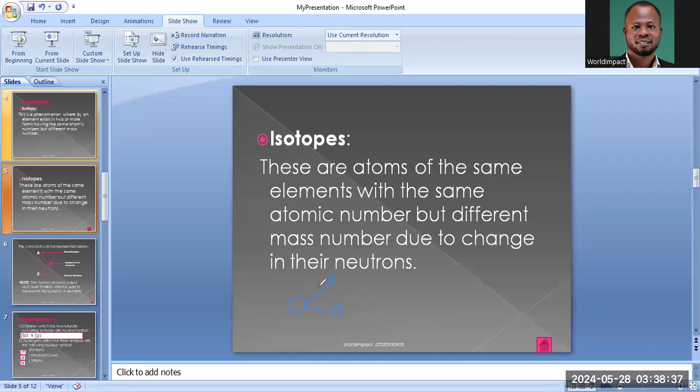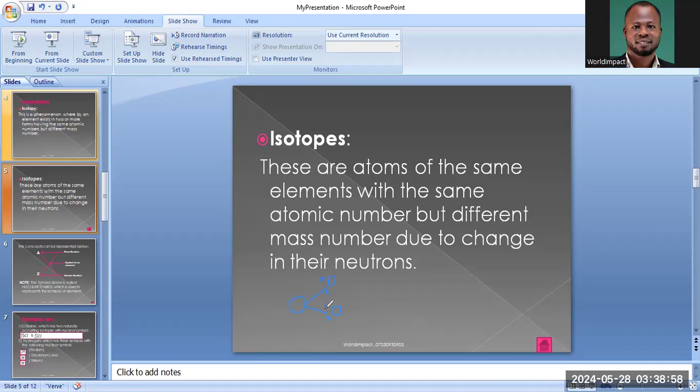But one thing that will unite the fragments in which it is existing is that they are going to have the same atomic number, which we call Z, but different mass number A. That's exactly what we are saying.